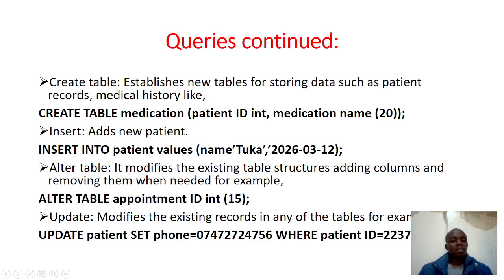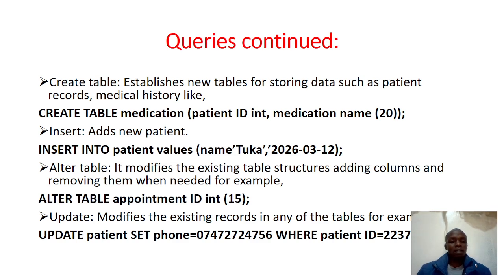Then we had alter table. This alter table is used to make changes to the table, and it affects the whole table, but specifically the field you had selected. We said it modifies existing table structures, adding columns and removing them when needed. For example, I used alter table appointments.